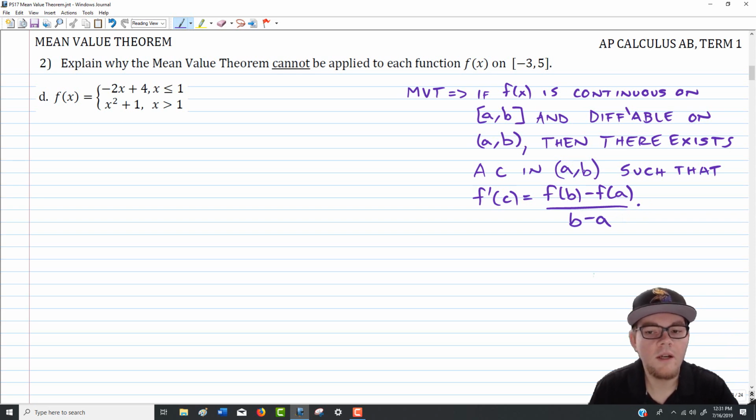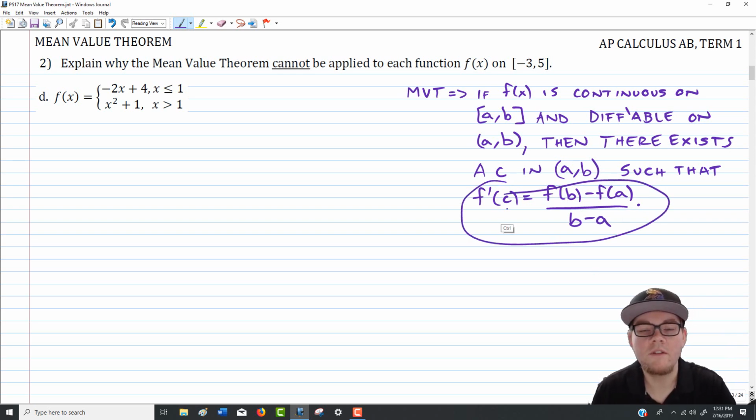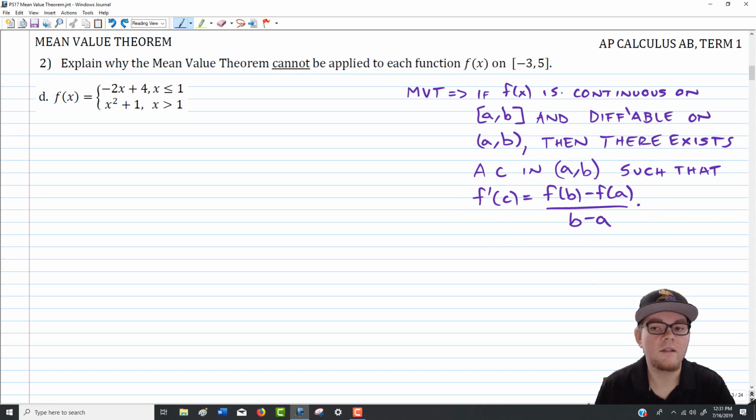Again, it doesn't tell us what it is. In order for us to do that, we have to be able to solve this equation, but it tells us that there is one that exists, and it requires continuity on the closed interval and differentiability on the open.